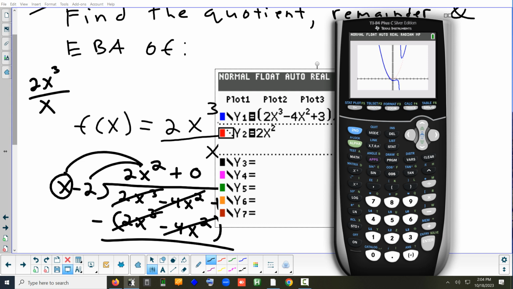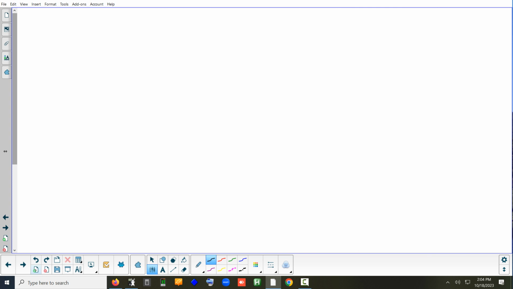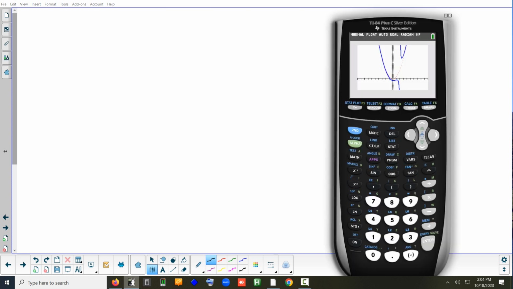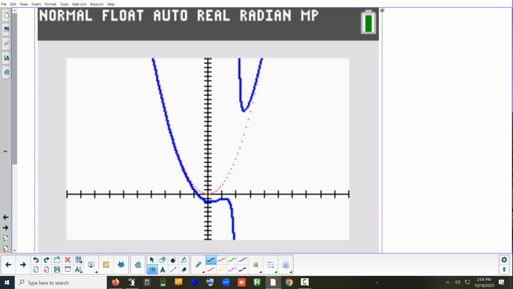And this dotted line that you're starting to see, that's the end behavior asymptote. Okay. What do you notice about the red dotted line and the blue line as you head up and to the right? Yeah?